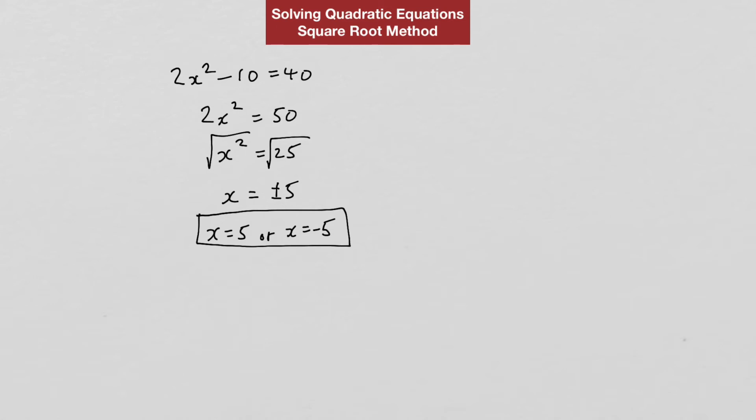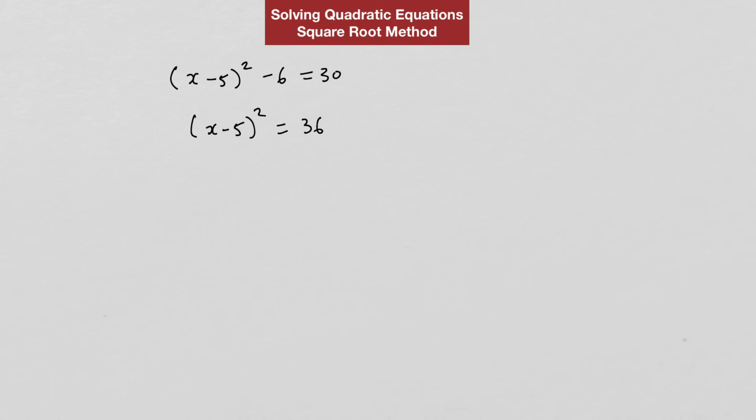Okay, let's try another example. It's a little bit more difficult. And let's say we've got (x minus 5) squared minus 6 is equal to 30. Okay, again, we want to isolate the perfect square. And we're going to do that by moving this negative 6 to the other side of the equation, and we do that by adding 6 to both sides, and when we do, we're left with (x minus 5) squared is equal to 36.